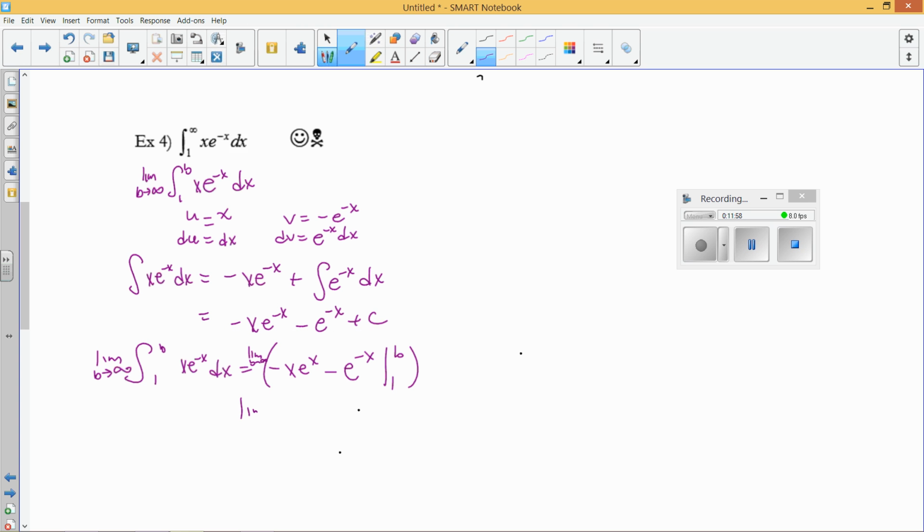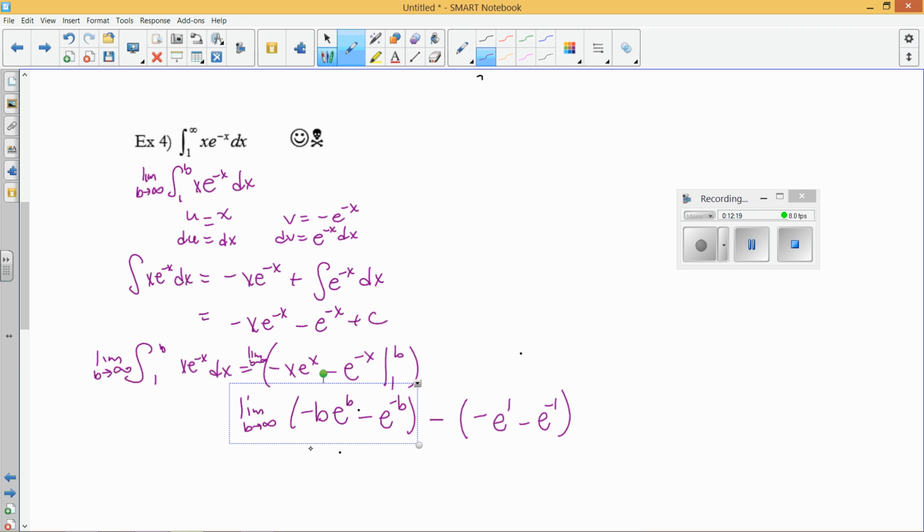So I have the limit as b approaches infinity of negative b e to the b minus e to the negative b minus what I plug in when I get 1. So minus negative 1 e to the first minus e to the negative 1.